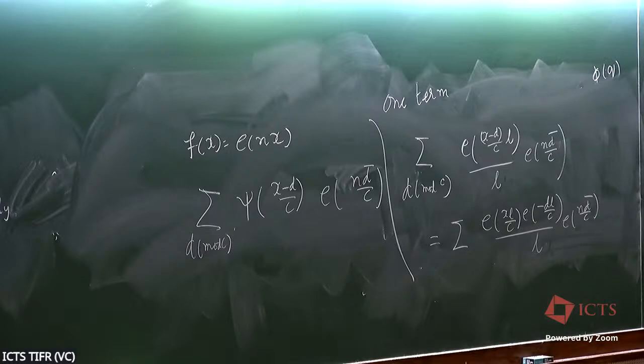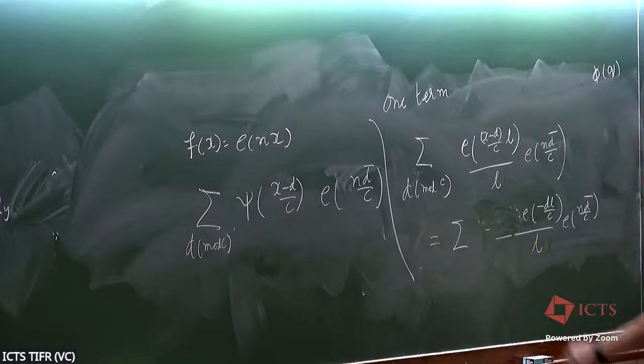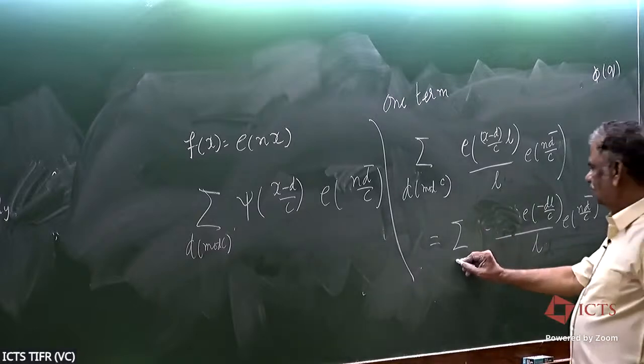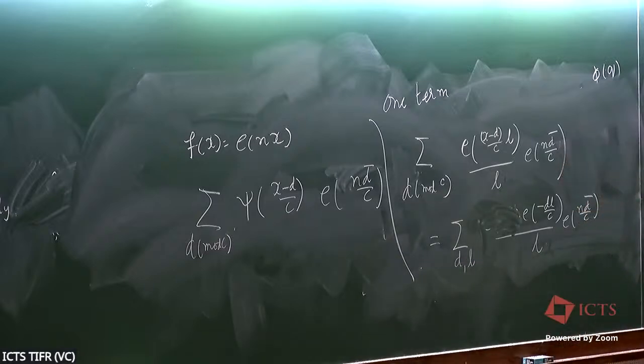Okay? And now again, things which do not involve d and l, let us forget them. And that's a summation which I have to do. This summation is over two variables now, d and l. Now let's simplify that. What do you get?